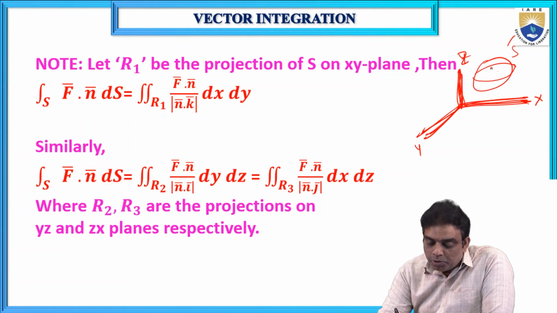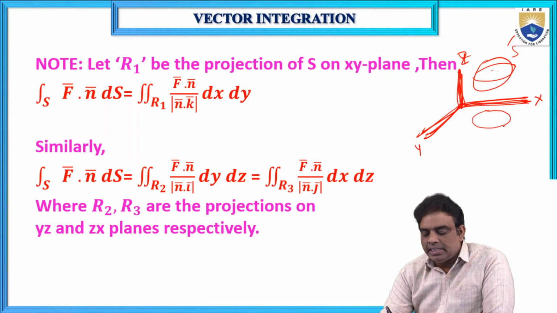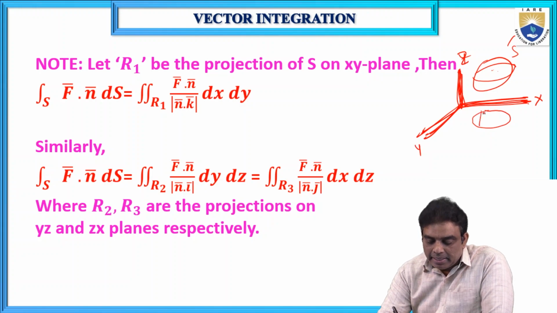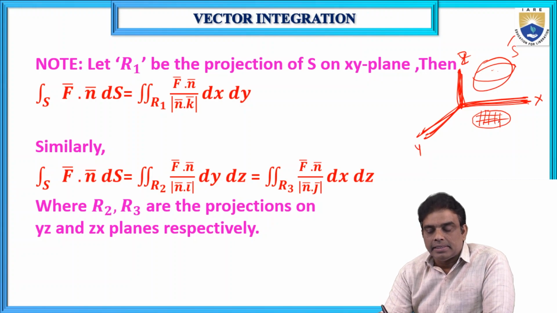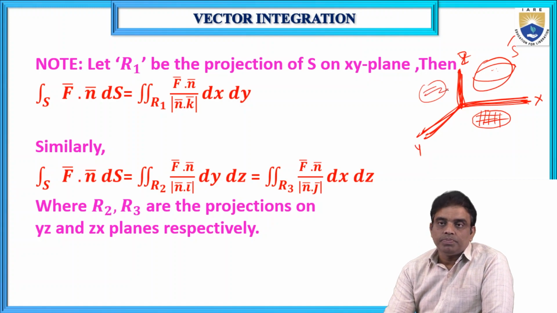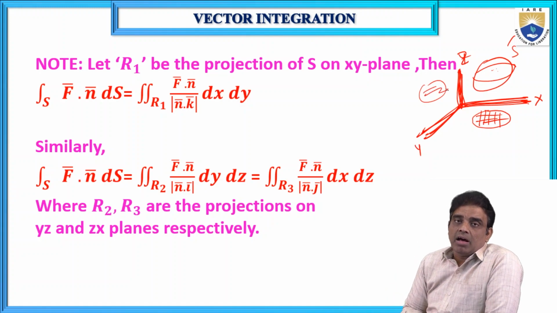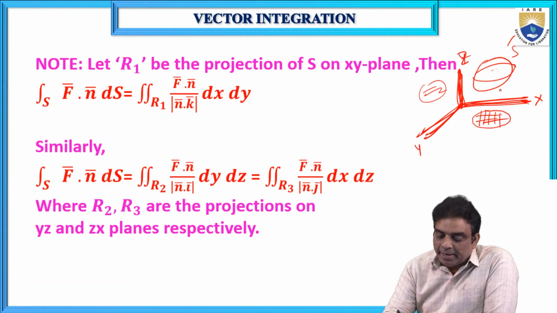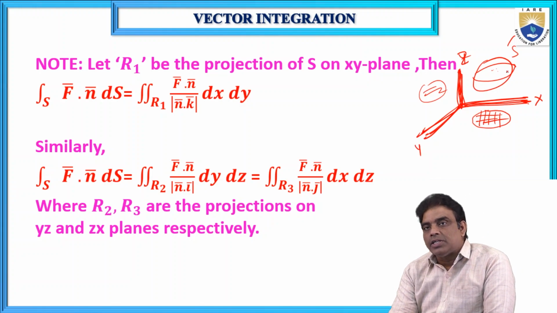Suppose you consider the projection of this surface on the xy plane; it will be a two-dimensional object. You can also consider the projection in the yz plane or in the zx plane. The first note is, let R1 be the projection of S in the xy plane. Projection means it looks like a shade.